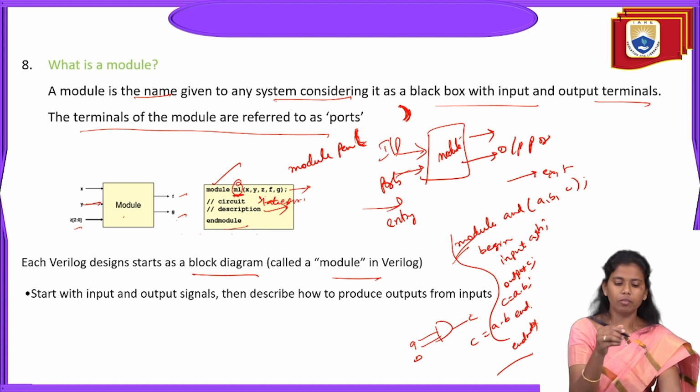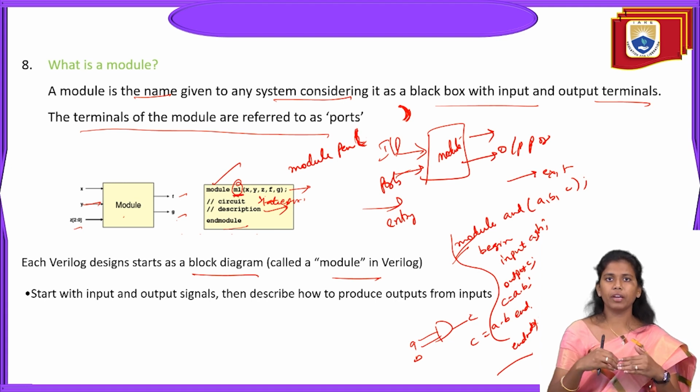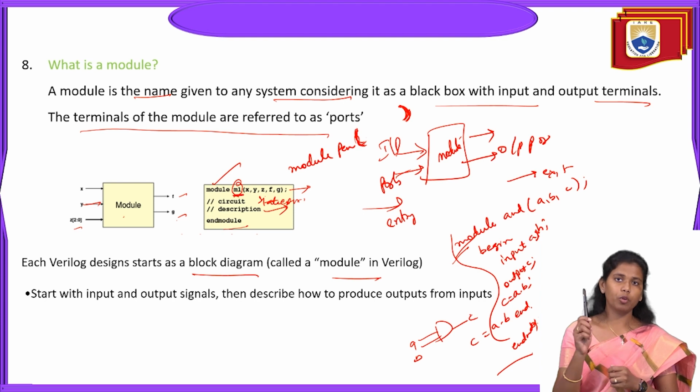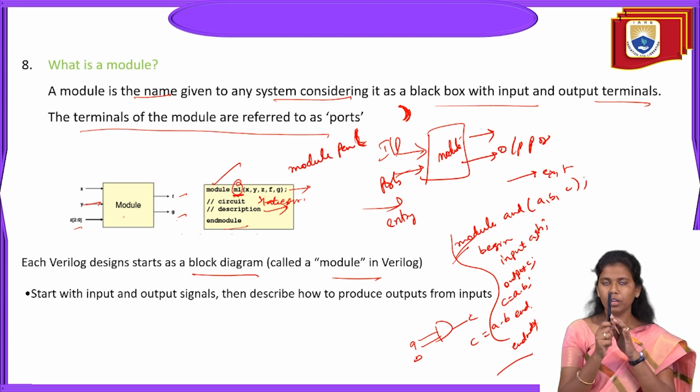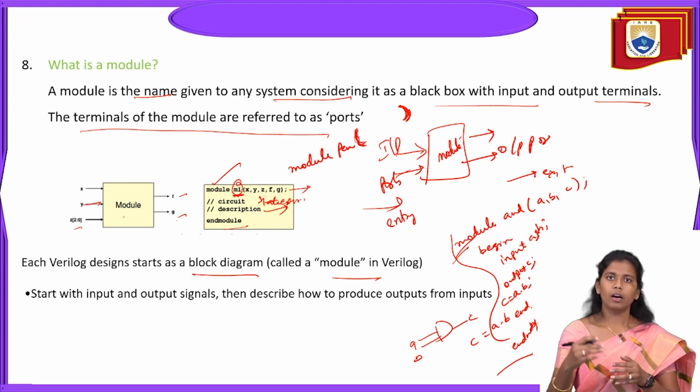After drawing the block diagram, I have to compile, and then verify. After verification, I have to go for the simulation, and after the simulation, I have to go for the generation. Finally I'm going to get this module, and that module I'm naming as a pen. That's how all the digital electronic circuits will come into existence.